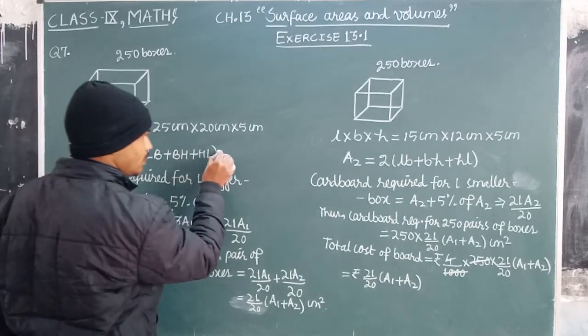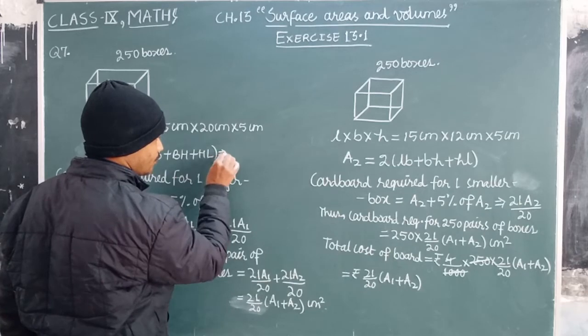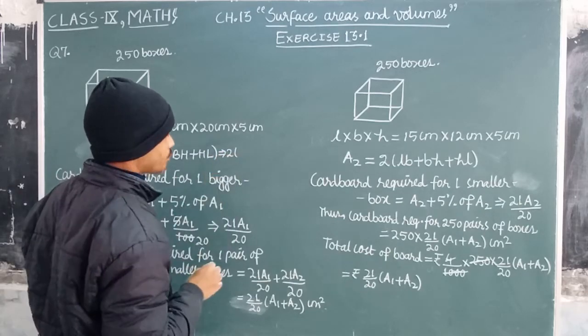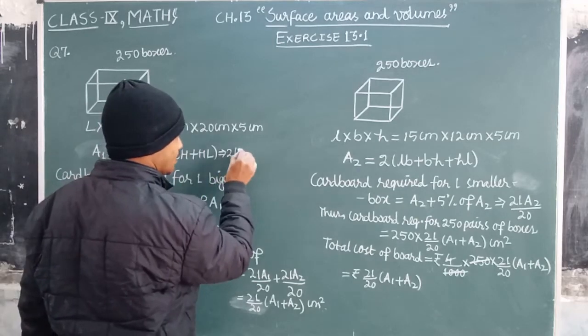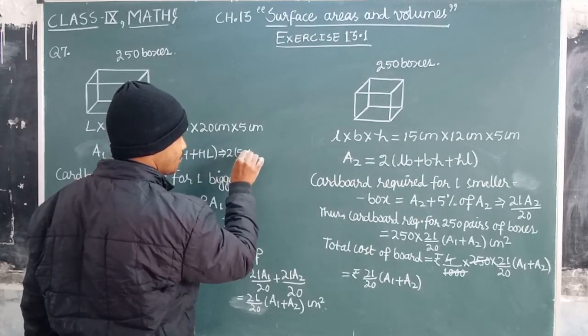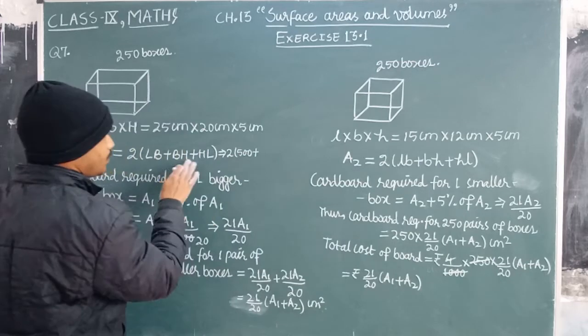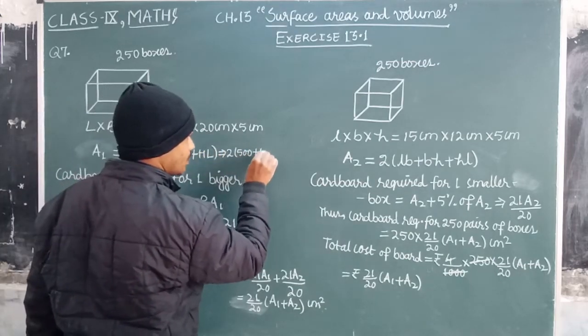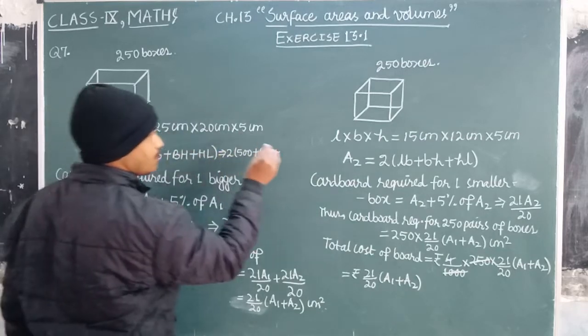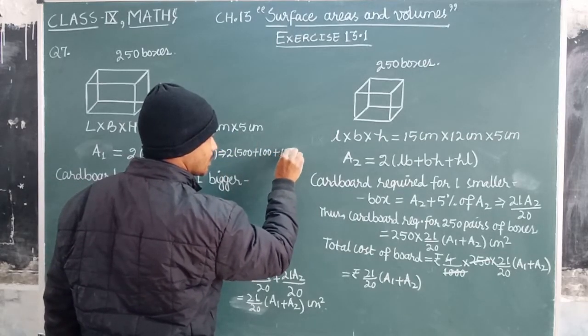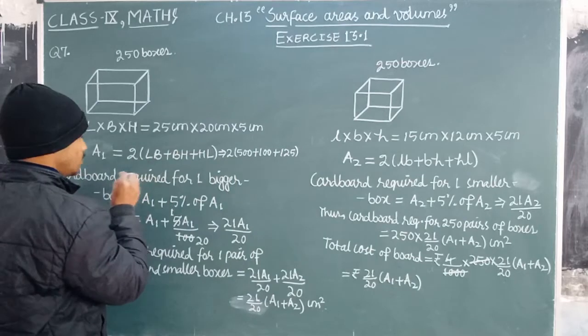So let's calculate these A1 and A2. It is 2 times LB, 25 twenties are 500, plus BH, 20 fives are 100, plus HL, 25 fives are 125.